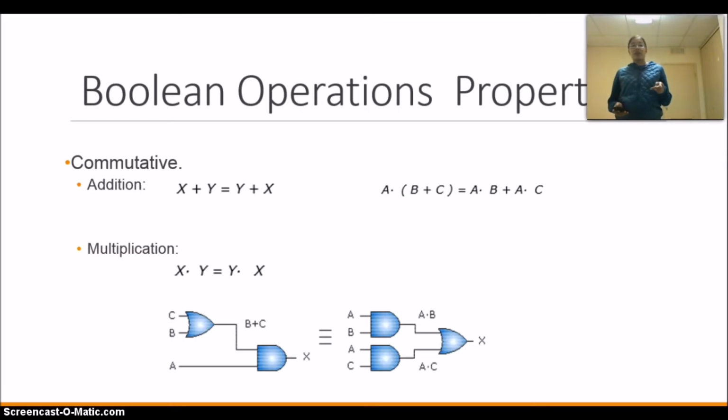In the first case, we have the OR, that means a sum between B plus C, and then at the end we have the AND, that is going to indicate a multiplication between A and B plus C, and that is the expression represented in the upper part of that image: A times (B plus C) is equal to A times B plus A times C. And in that case, we find that the order of the factors doesn't interfere in our result, but the digital circuit changes its diagram.